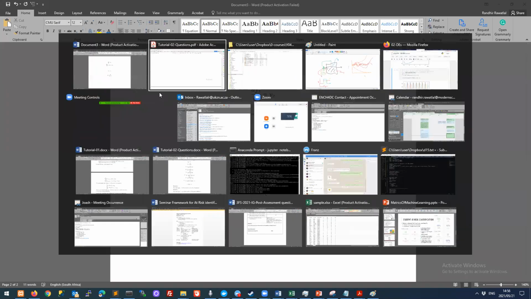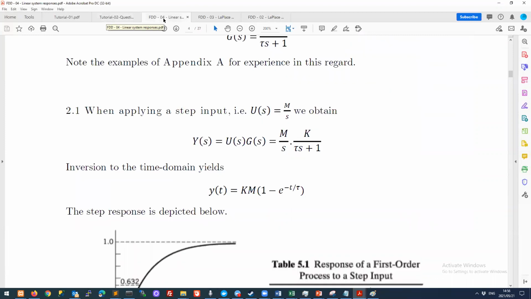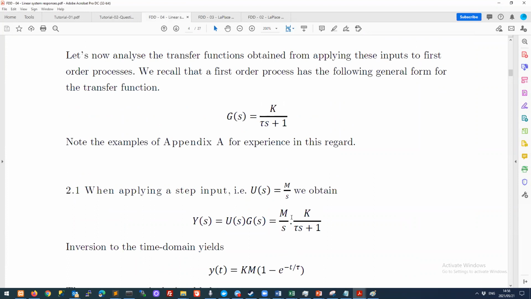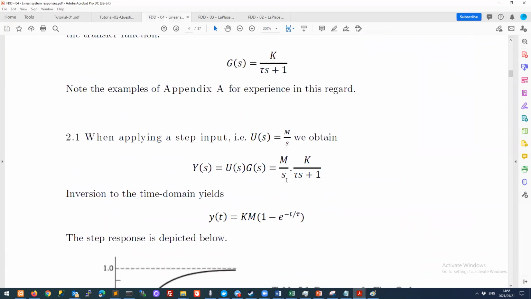Where was I? Oh, I think I was looking at the notes actually. Right here. So if you look up and you find, and remember, it's S that will guide you, right? If you find something times 1 over S times a form like this, then there's this solution.